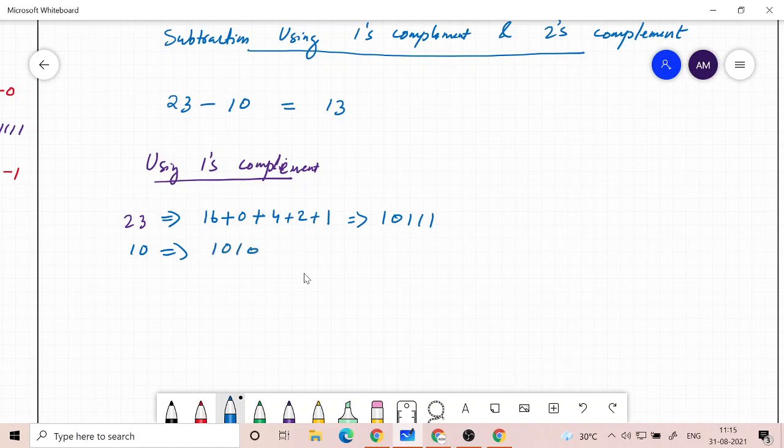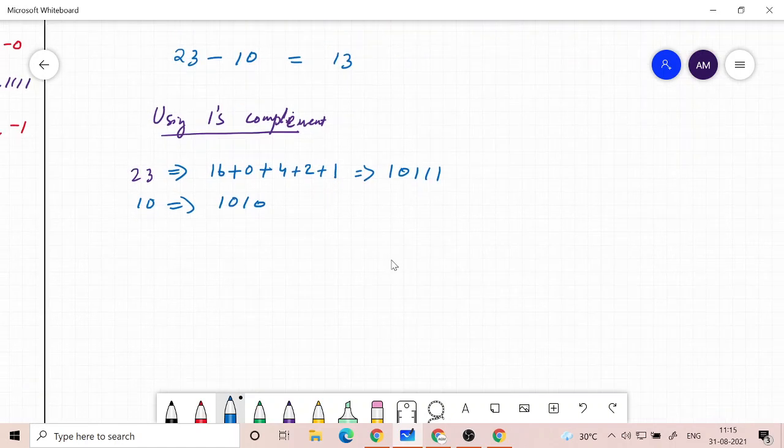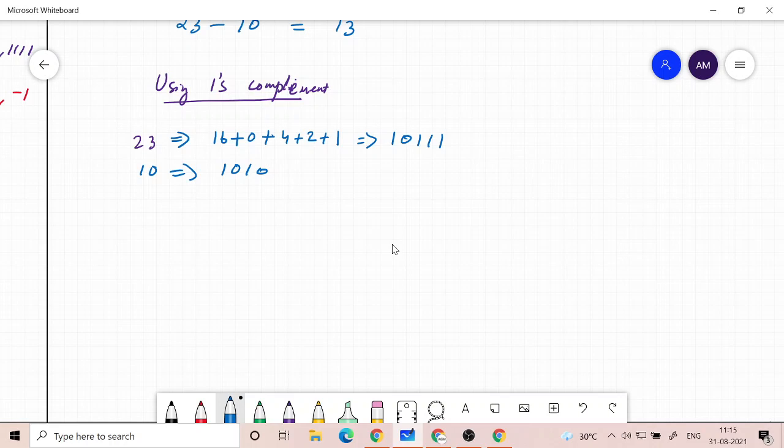So this is 23 and 10, and then we need minus 10. Minus 10 in 1's complement form, it becomes just 0 1 0 1. Okay, but we will use 5 bits, so here it is 0 and this will be 1. So that is something that you have to keep in mind, how many bits you have to use. That depends on the magnitude of the numbers.